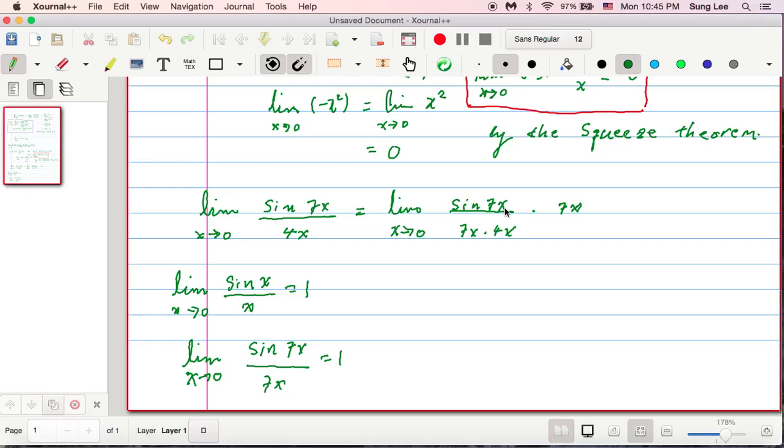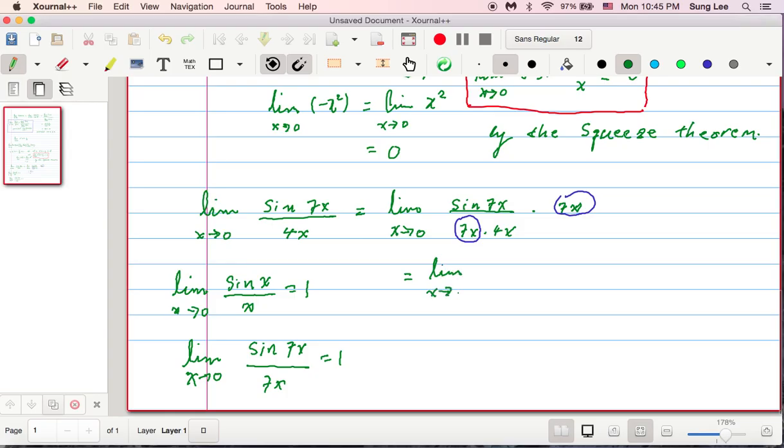I'm going to circle around those. I'm going to multiply sine of 7x by 7x. Also, I'm multiplying 4x by the same number, 7x. Now, this can be written in the following way.